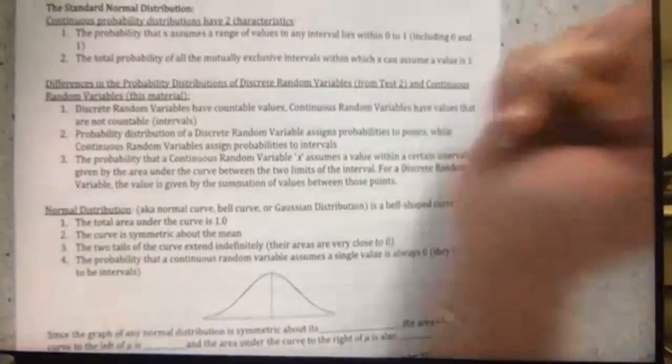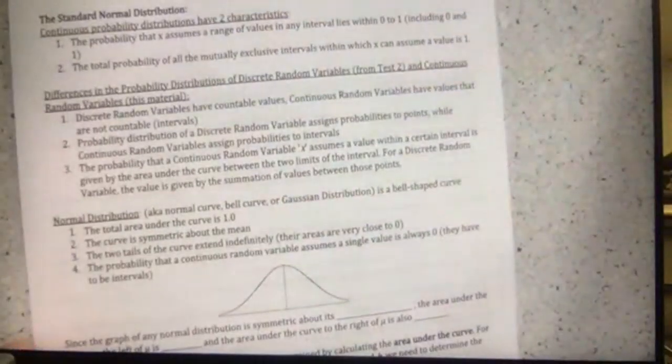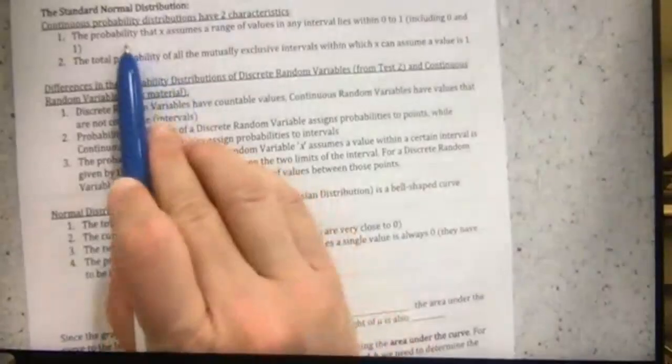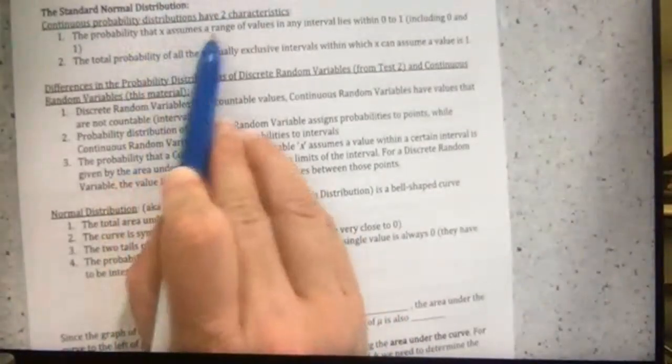So notice this time it says a range of values. Let me use a different color. So the probability that X assumes a range of values. So this is kind of like taking it a step further from last test, because last test we talked about a single value.